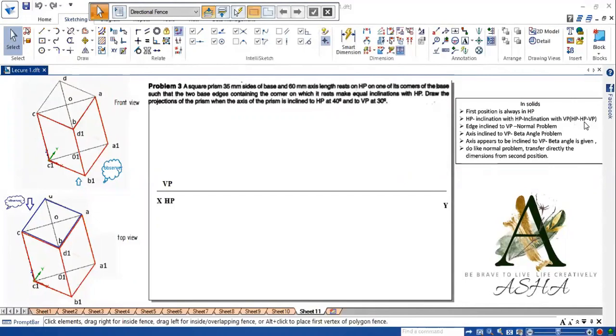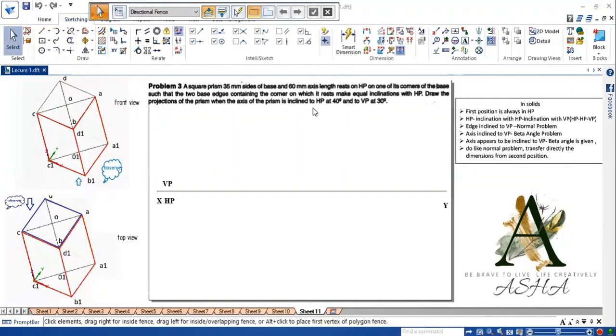That satisfies the second condition. And the third position says that the axis of the prism is inclined to VP at 30 degrees. So this is the second condition, axis inclined to VP at 30 degrees. So it is a beta angle problem.